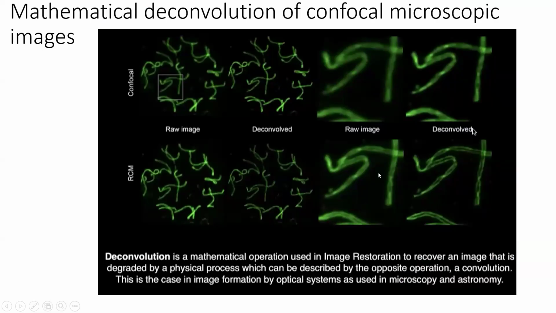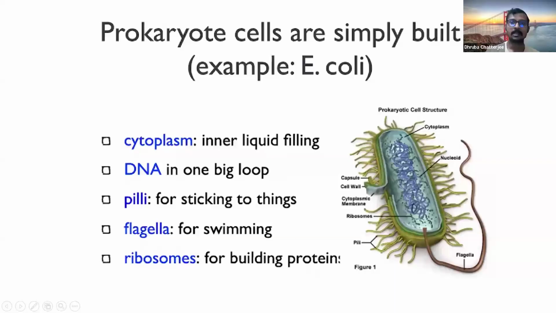So now let's move to the biology of cells. Cells primarily are of two different types. There are prokaryotic cells and then there are eukaryotic cells, right?